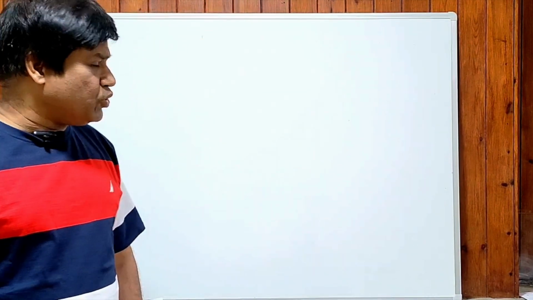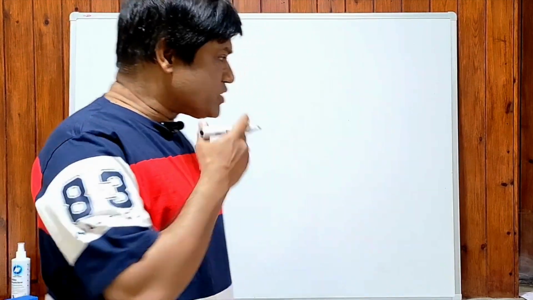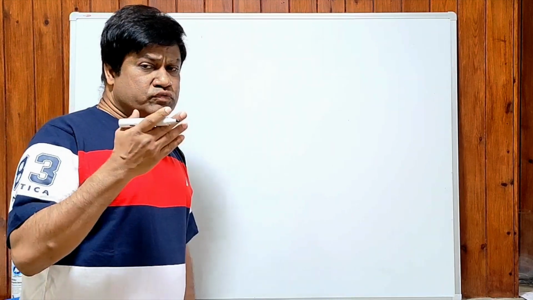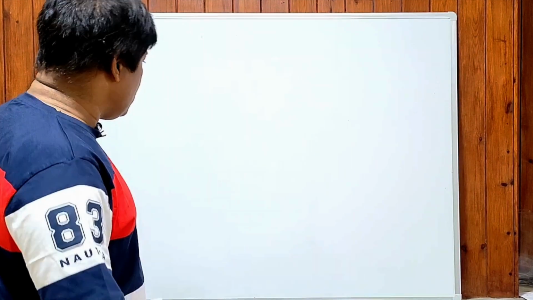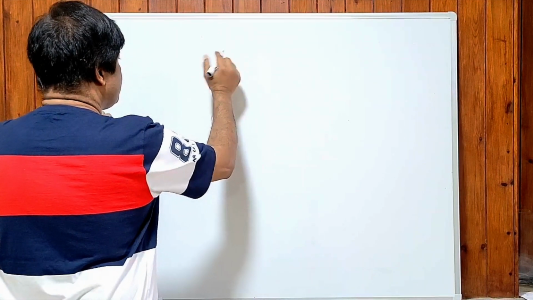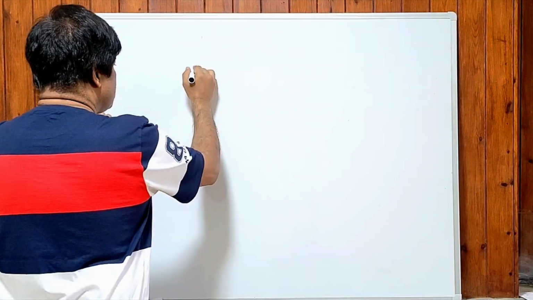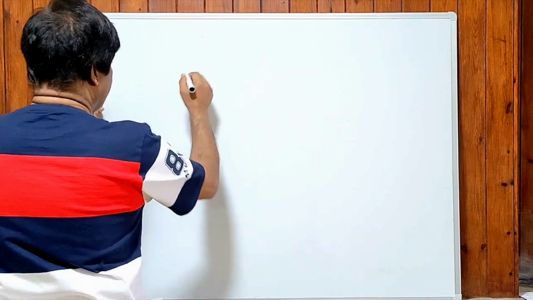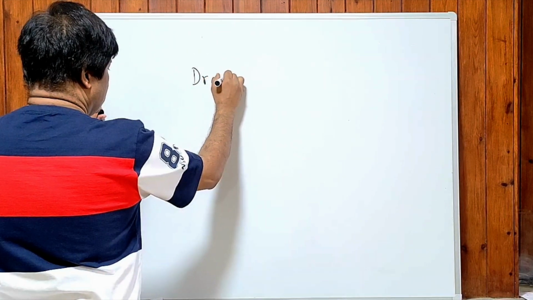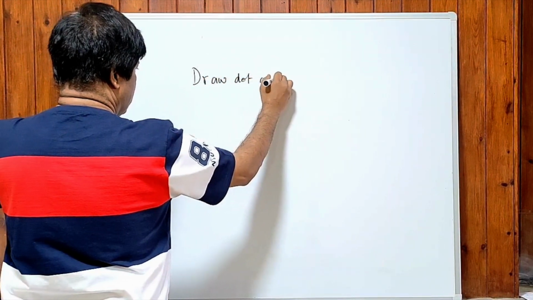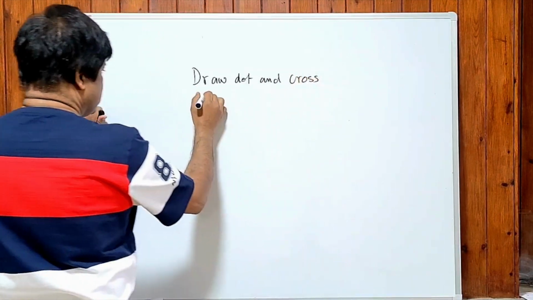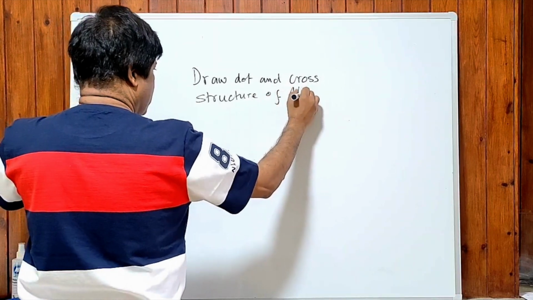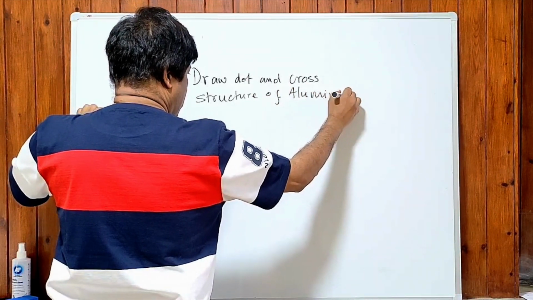In my last video, I realized I made a small mistake. I gave homework to my students about drawing the dot and cross structure of aluminium nitride.